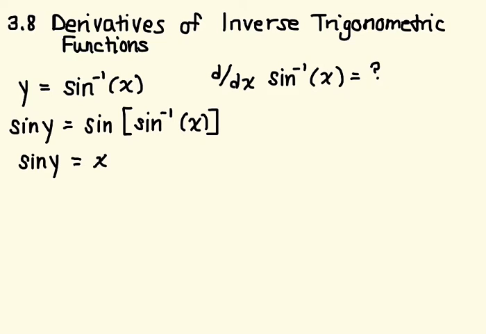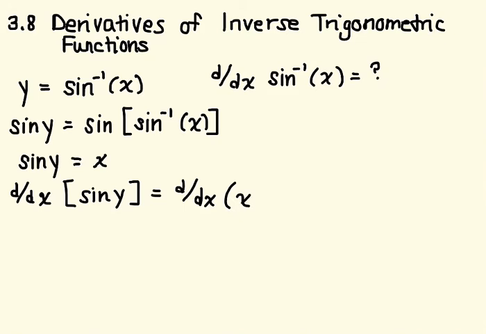And this is better because now I can use implicit differentiation and I know the derivative of the sine. So now we're going to use implicit differentiation and take the derivative of the left-hand side and the right-hand side. I'm going to take the derivative with respect to x of my left-hand side, which is the sine of y, and that's equal to the derivative with respect to x of my right-hand side, which is x.